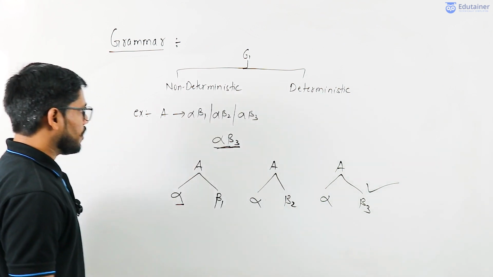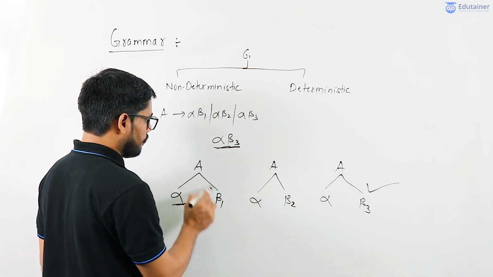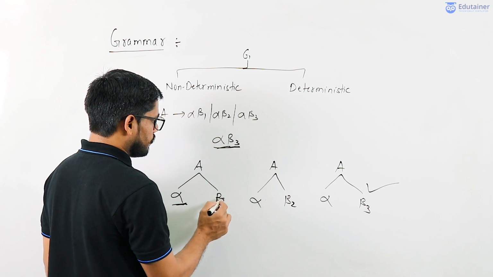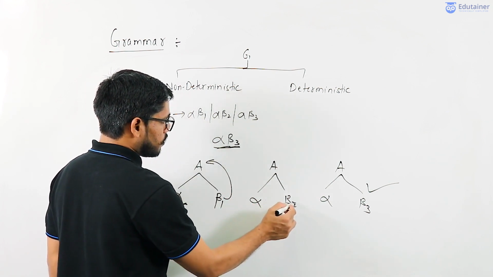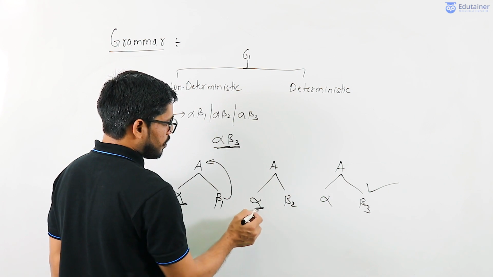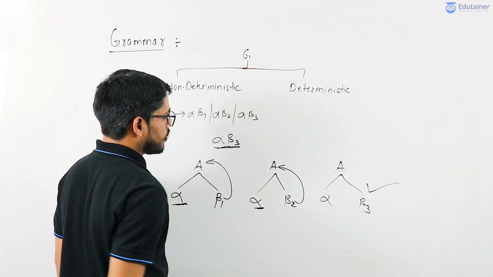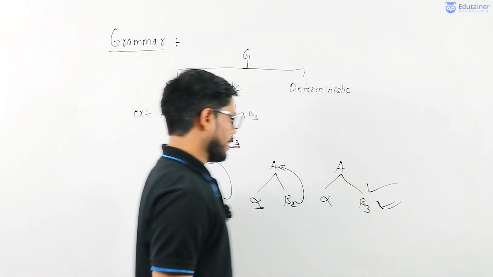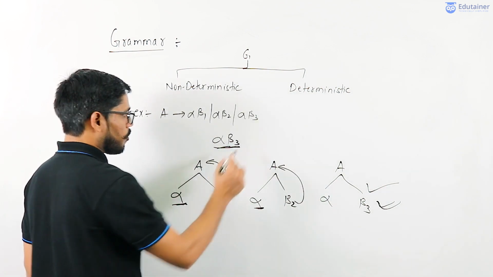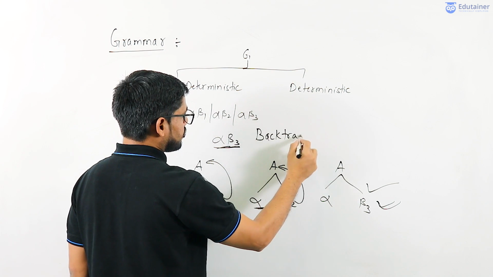The problem here is that when we see alpha and derive beta 1, we have to backtrack to the A. After deriving alpha, when we derive beta 2, we also backtrack to the A, and here we got the correct result. So the problem for non-deterministic grammar is backtracking.